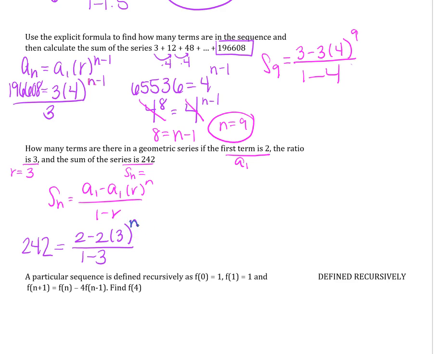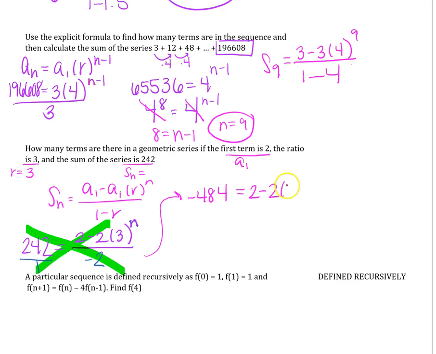So if I clean this up a little bit, 1 minus 3 is negative 2. So I'll just, rather than take up space, rewrite that as negative 2. What I can do is put this over 1 on the left side and then cross multiply. So negative 484 is equal to 2 minus 2 times 3 to the n.